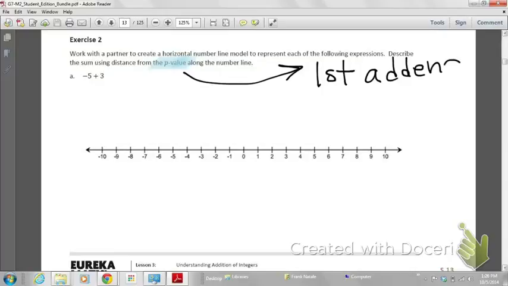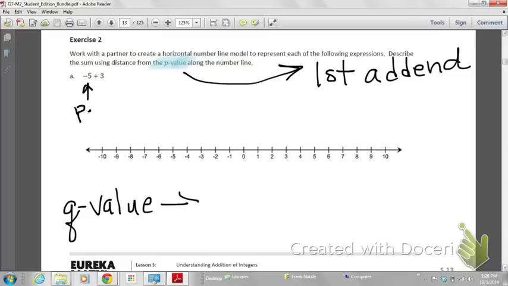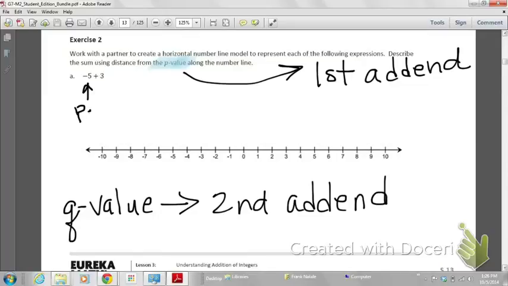They look at p and q, and that would be this. So here's your p-value, and the other one is called a Q value. Q value is your second addend. If you want to write this down, this is not in the terminology. Probably need to get that there at some point. But yeah, so the P value.